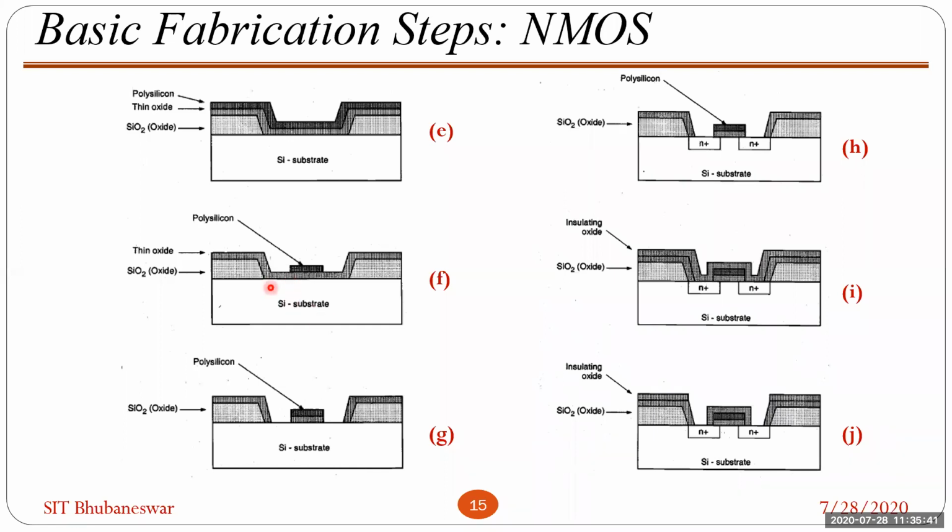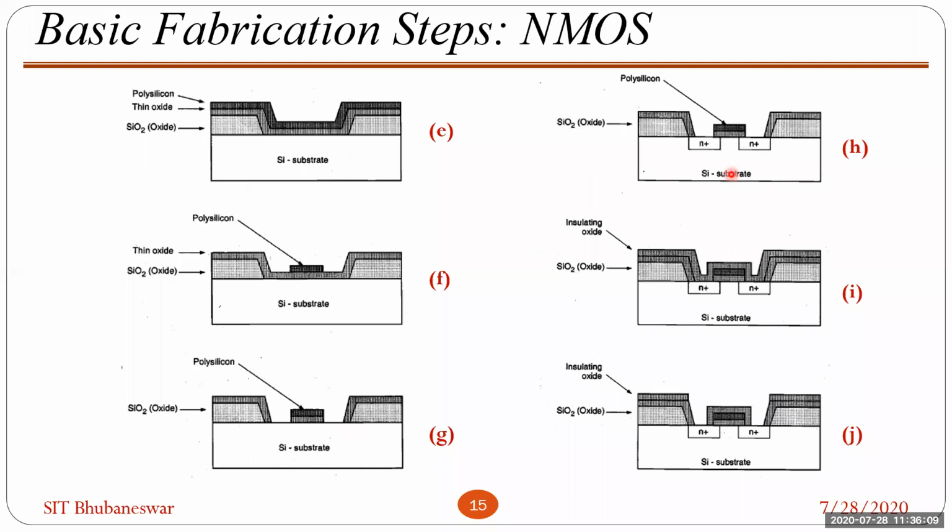For NMOS, it should be N plus and it should be N plus. We will create some diffusion layers. That's why you have to remove this thin oxide again. So for that removal, we use that patterning of the thin oxide process. Same UV light, same etching, everything will follow.